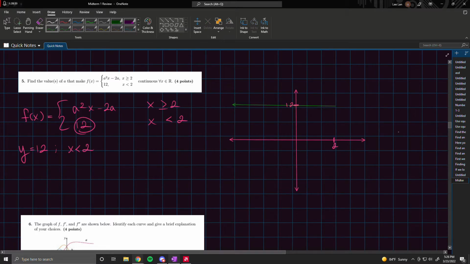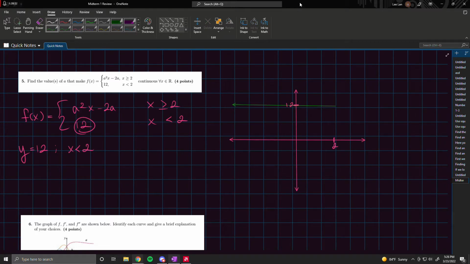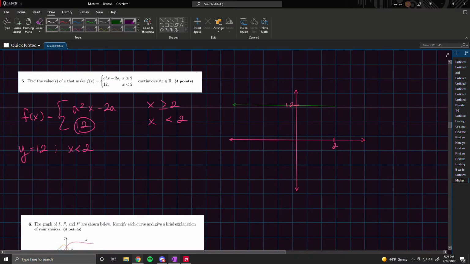There you go. So y equals 12 looks like this. It's just a straight horizontal line. Another way to think of it is that this is the line where all values of y are 12, if that helps.